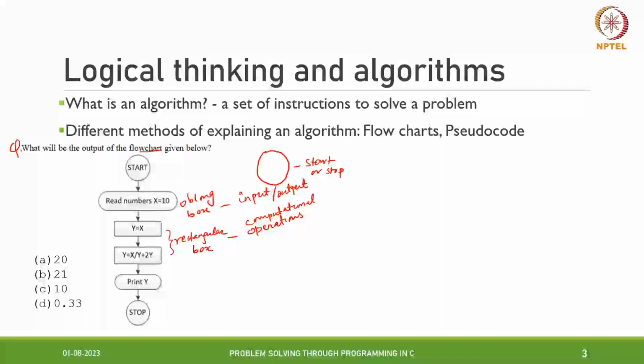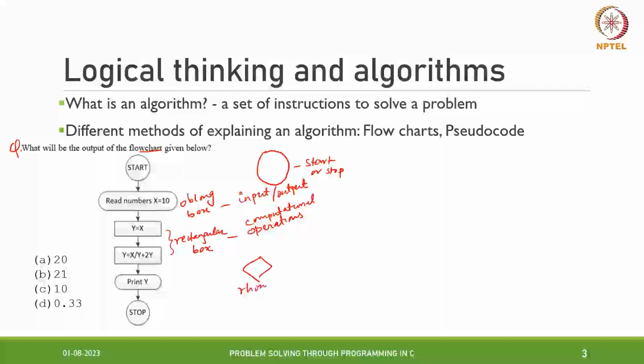So these are the rules that you have to follow while drawing a flowchart. The start and stop of the program should have a circular box. Next, you use an oblong box for input or output, and a rectangular box for computational operations like numeric operations, addition, subtraction, all the arithmetic operations and so on. Then you have a rhombus.